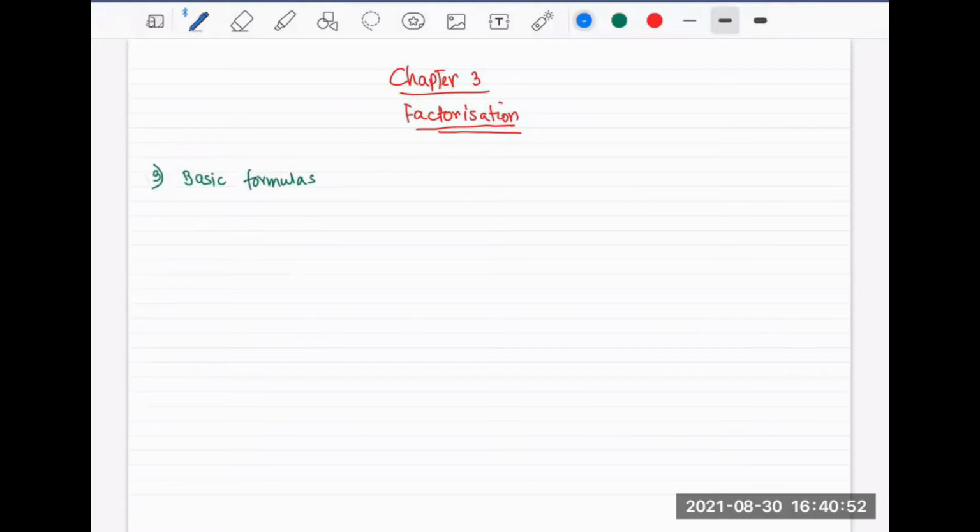The first basic formula is A plus B whole square is equal to A square plus twice AB plus B square. What if the plus is replaced with minus? So we are going to have A minus B whole square, A square minus 2AB plus B square.